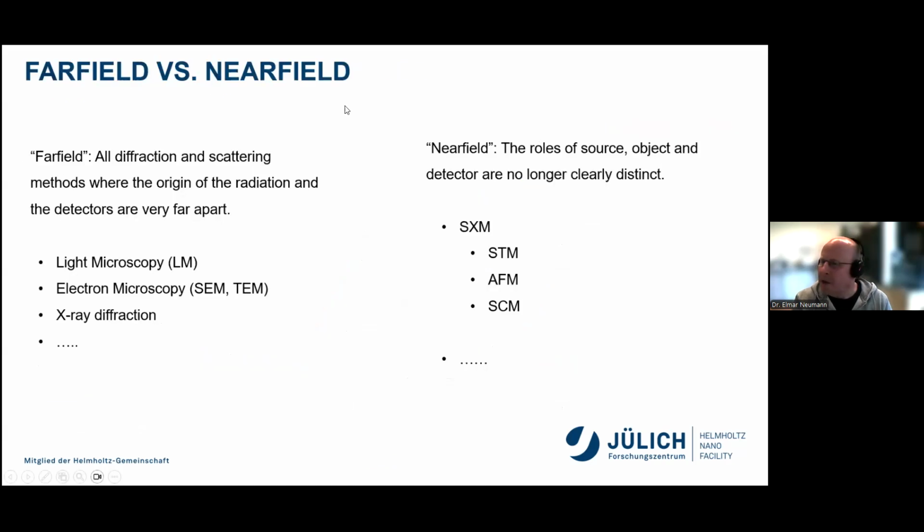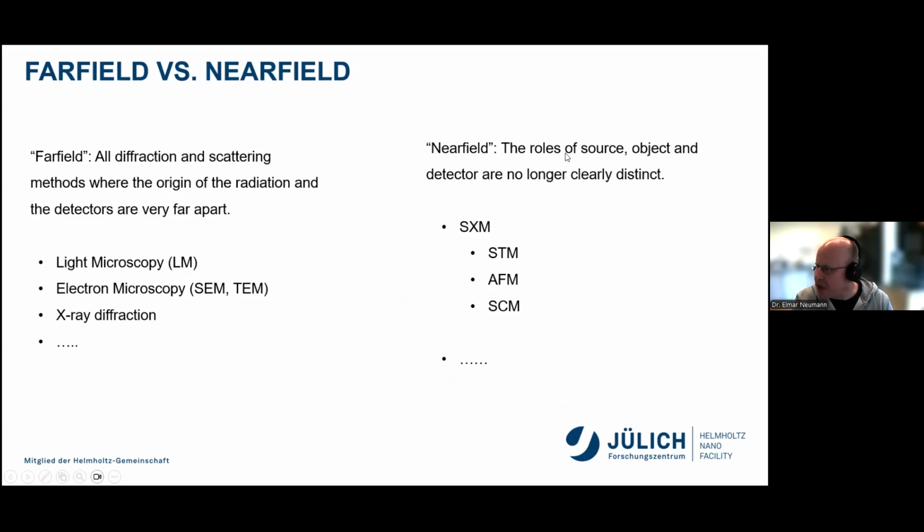Okay. I would like to point to this point here. There are far field and near field devices. Far field are, for example, all those machines or devices where the detector is very far away from the source and from the object, so that they do not play any greater role.